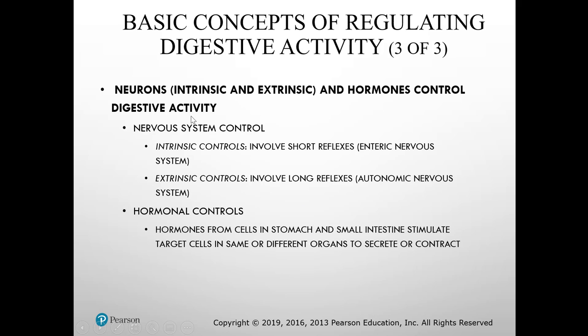Then, besides the nervous system control, you have also the hormonal controls. Hormones are coming from cells in the stomach and the small intestine. They stimulate the target cells in the same or different organs, and they stimulate them to secrete something which is part of the digestive juice or contract in response to the need.